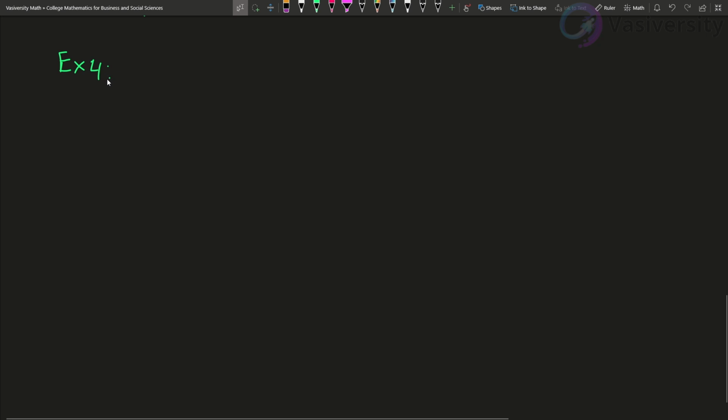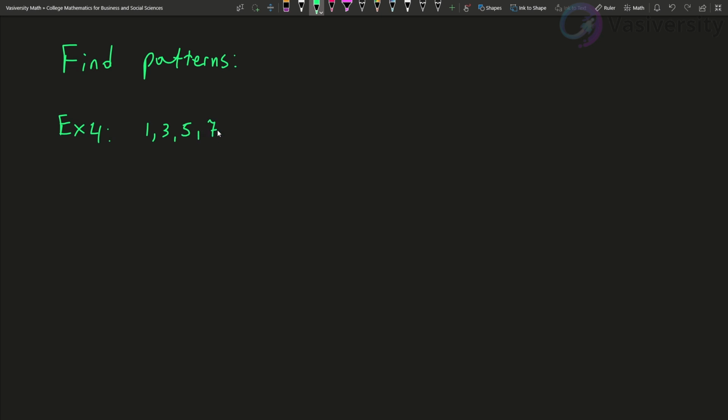Example 4: for finding patterns, let's say we have a basic sequence: 1, 3, 5, 7, 9, 11, 13, 15, and so on. This is the first few terms of the sequence, and I want to find a pattern. Clearly, if we start with a sub n equals 2n, then 1 gives 2, then 4, 6, then 8, 10, 12, 14.